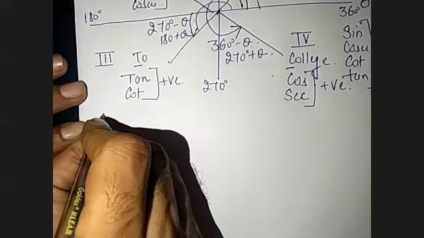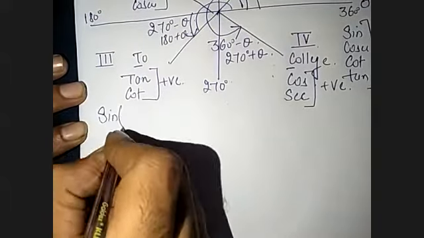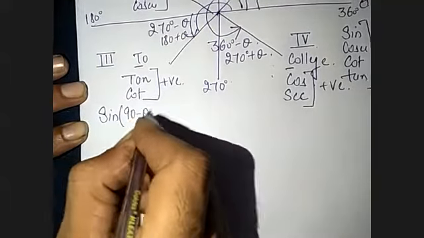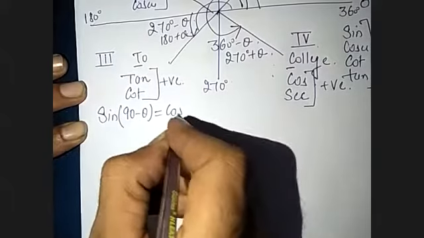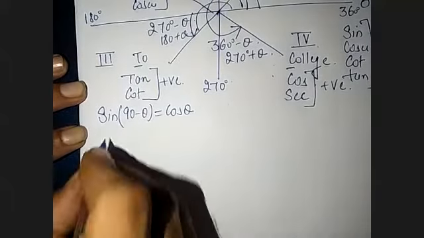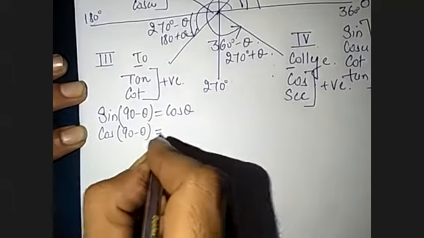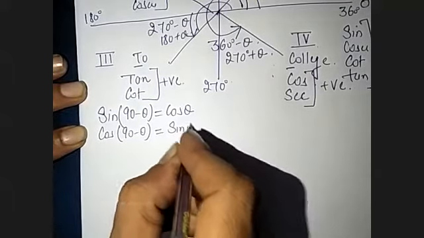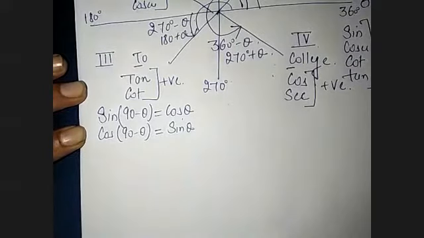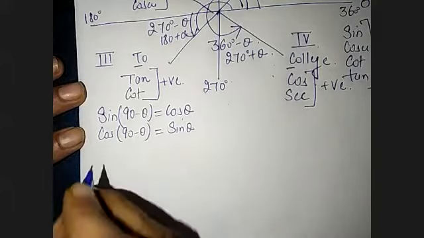Let's use some basic formulas, and we say sine 90 minus theta is equal to cos theta, and cos 90 minus theta is equal to sine theta. I will try to give you a single formula from which you can solve any trigonometric ratio value. But before that, we need to understand the basics.